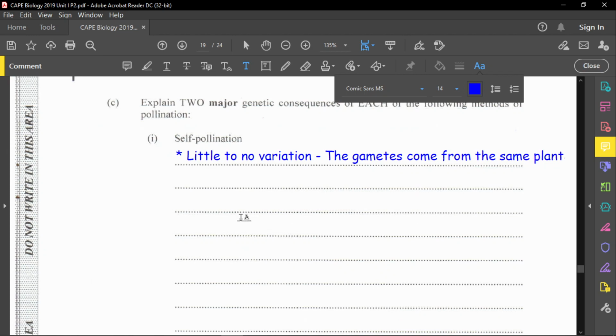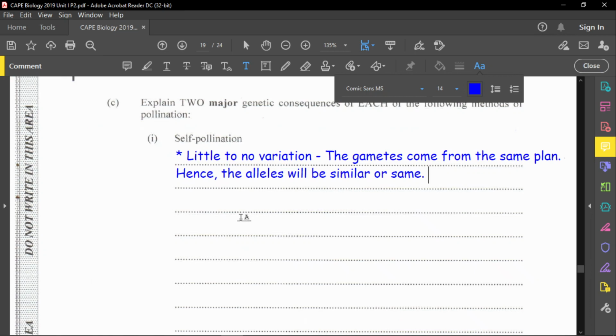And if the gametes come from the same plant, hence the alleles will be similar or the same. As a matter of fact, there's a high possibility that the alleles will be exactly the same.